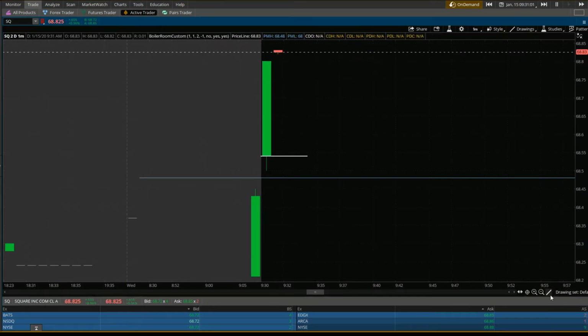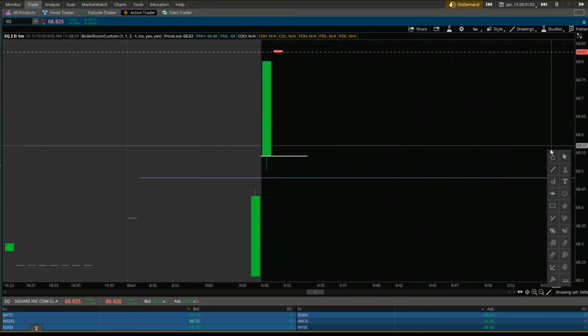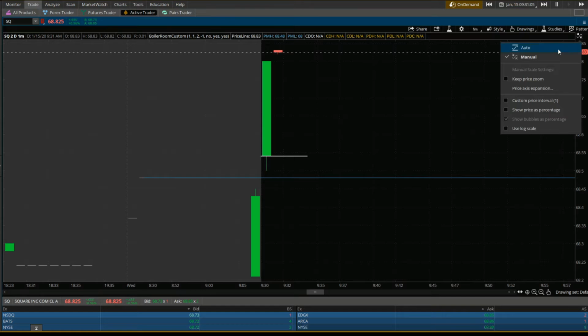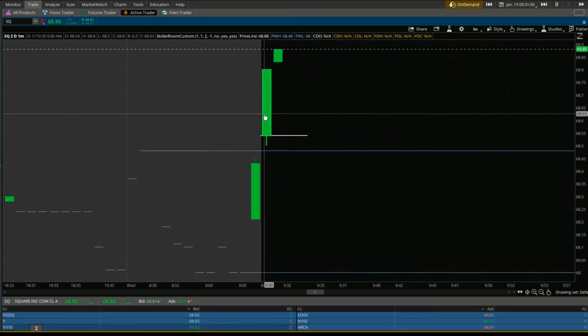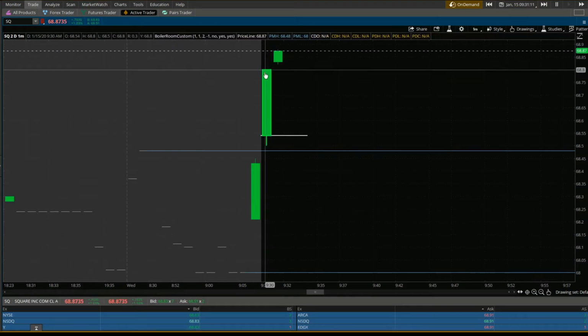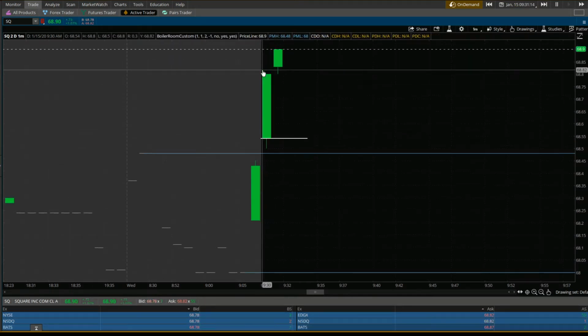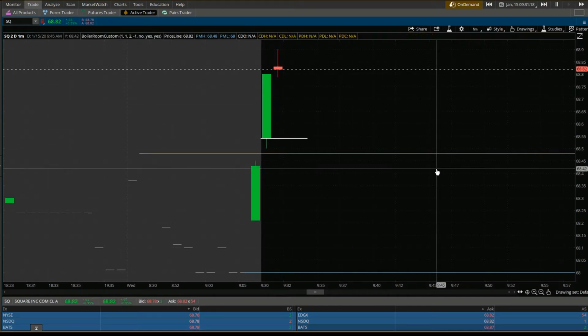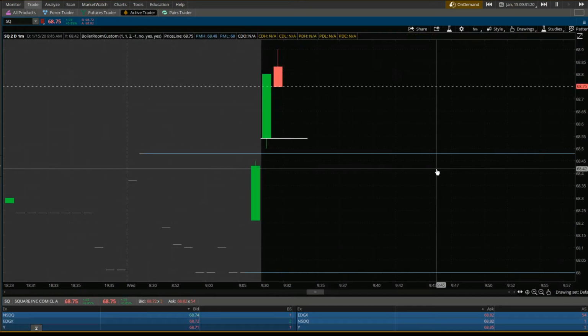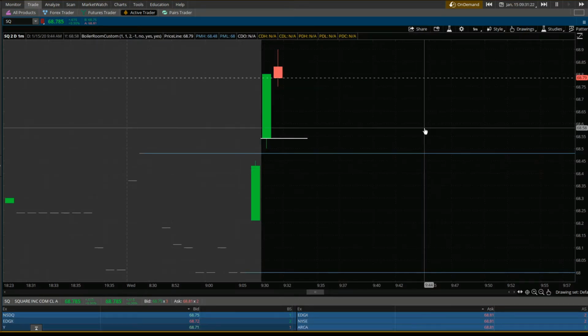So we know that currently buyers are in control because of how big the body of the candle is. So let's keep watching. This is a 1-minute chart, so every time a candle opens and closes, 1 minute goes by. So a candle will close every 1 minute because we're on the 1-minute chart.